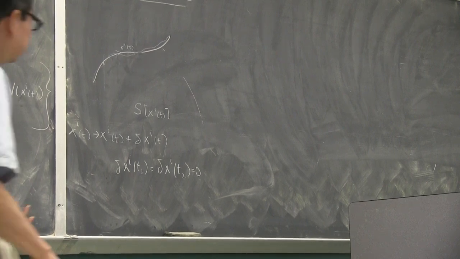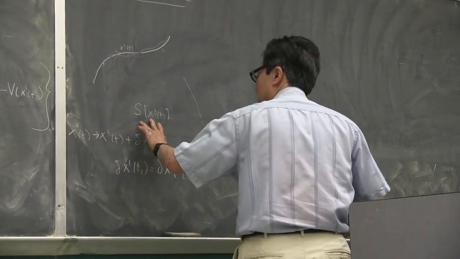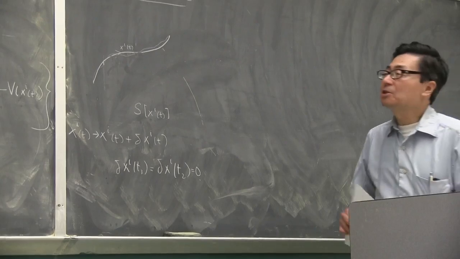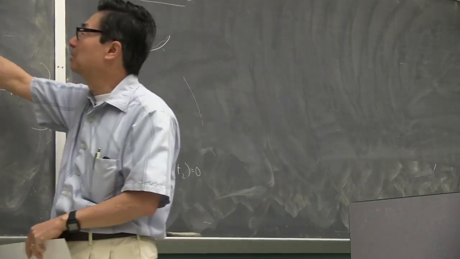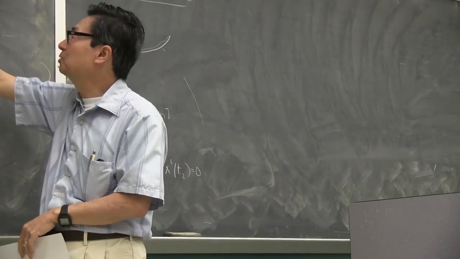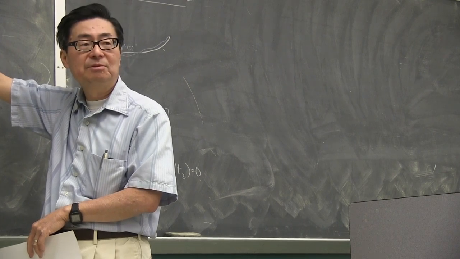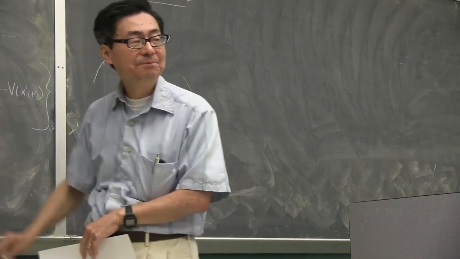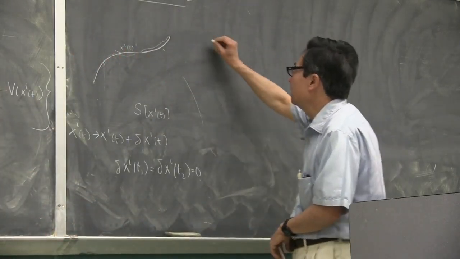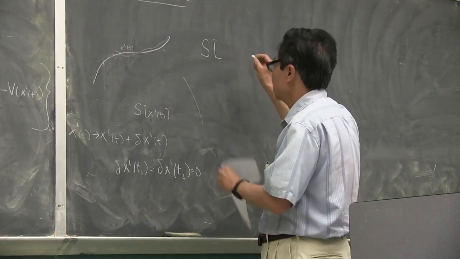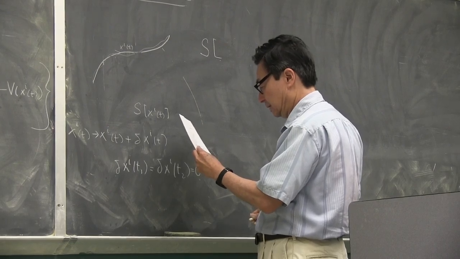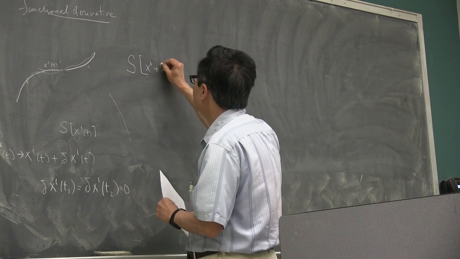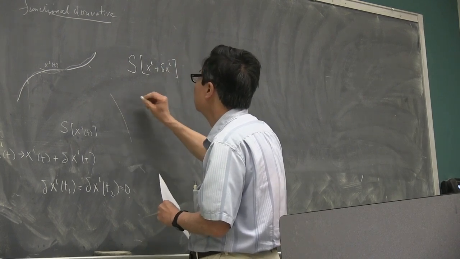And then let's see what happens to the change in the classical action as I go from the old path to the new path. Just as in the case of the function of one variable, I try to see what's going to happen to the function when I go from the original value to some slightly neighboring value. So this is the idea. Okay? So the quantity of importance is then, let me calculate S for the new path.